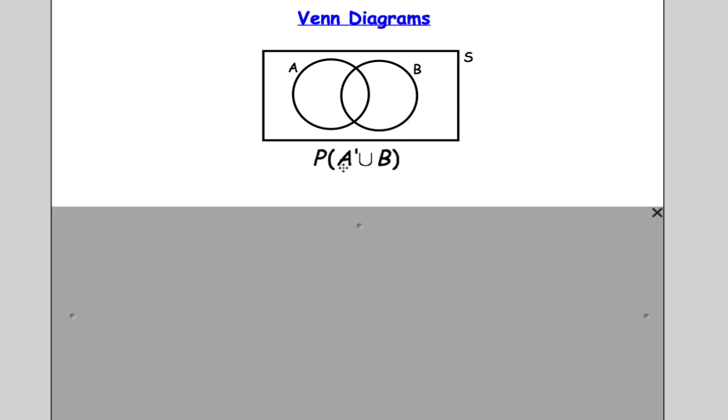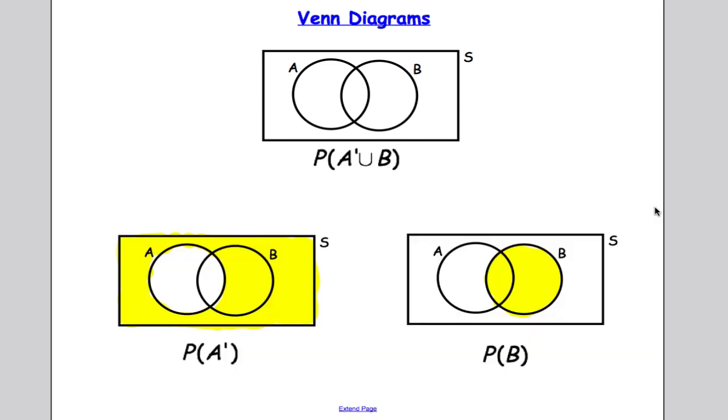Okay, what if we were given this? A complement union B. Now, this one can be quite difficult to explain straight off the cuff, but I think it's far easier if we look at A complement on its own and look at B on its own, and then we combine the two.